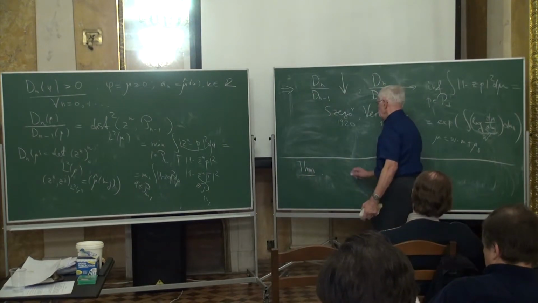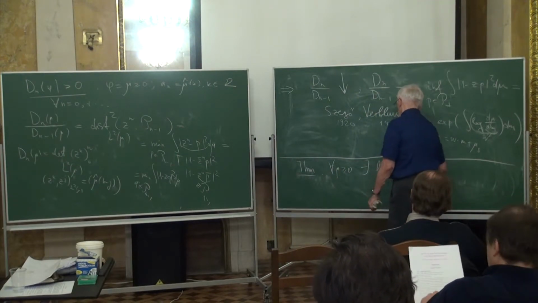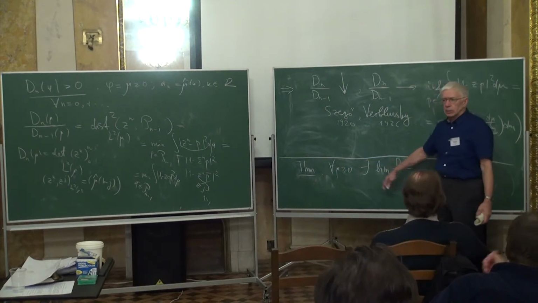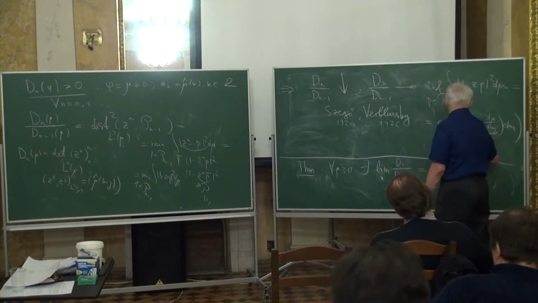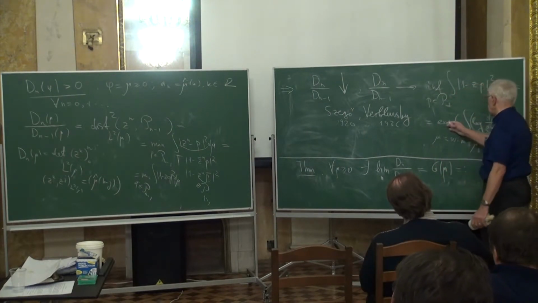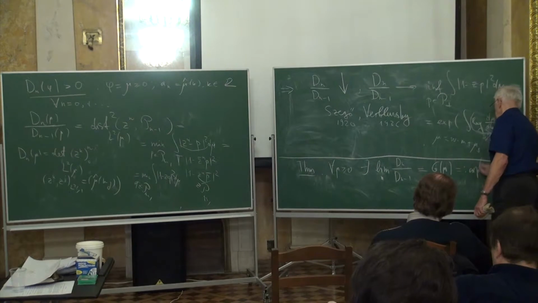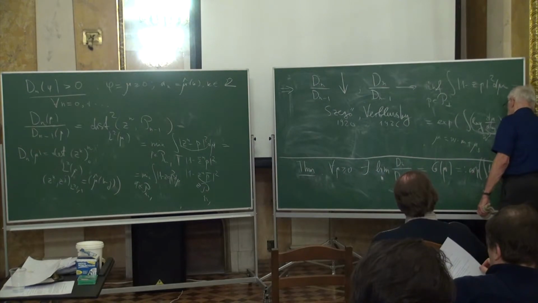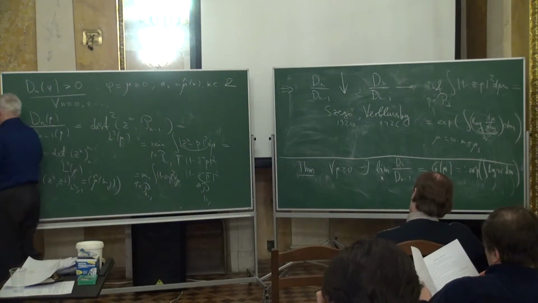This is the Szegő theorem: whatever the positive measure, there exists a limit of dn over dn minus 1, for a measure which is not a finite combination of atoms, which is equal to g of mu, which is by definition the geometric mean of the absolutely continuous component, the exponential of the integral of log w dm.